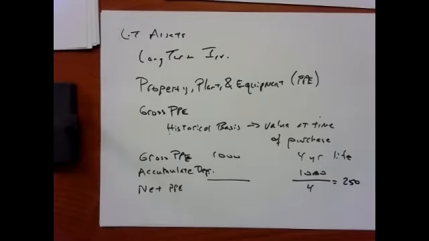So my laptop cost $1,000. In year 1, the university charges itself $250 on the income statement, right? So now the accumulated depreciation after year 1 is $250.